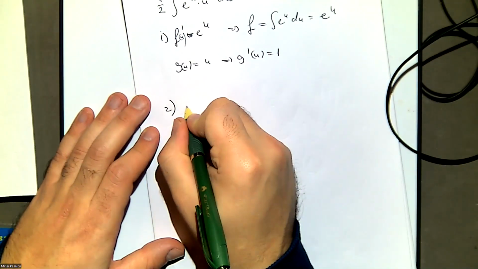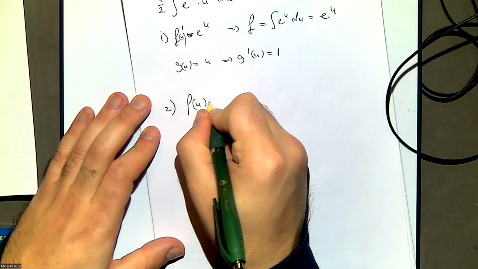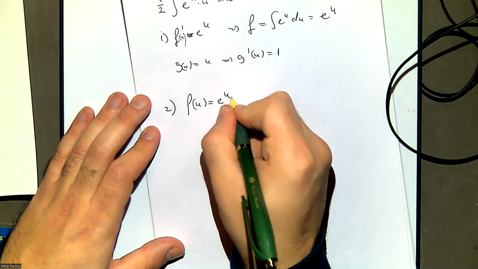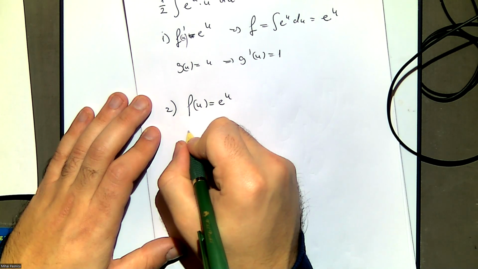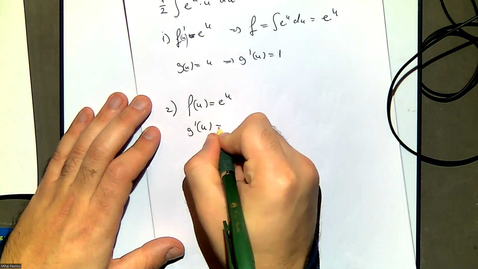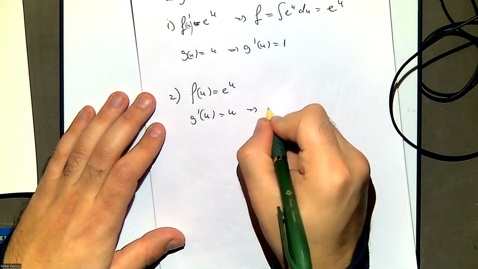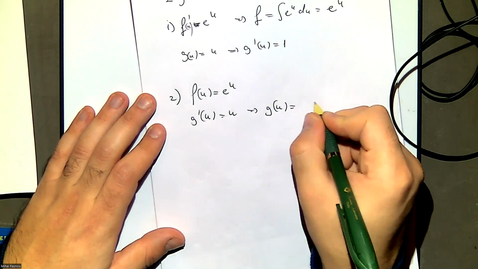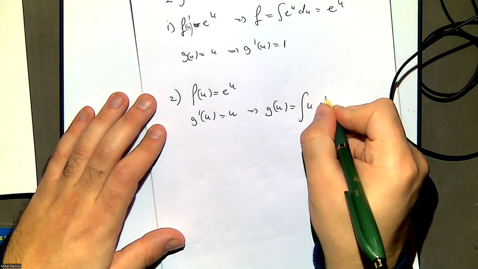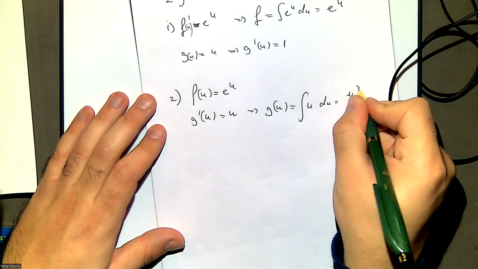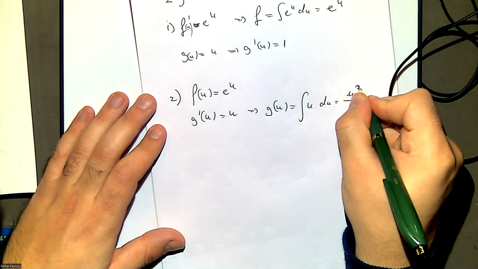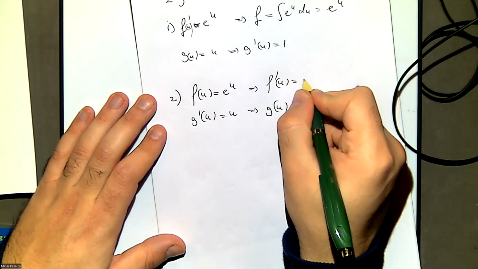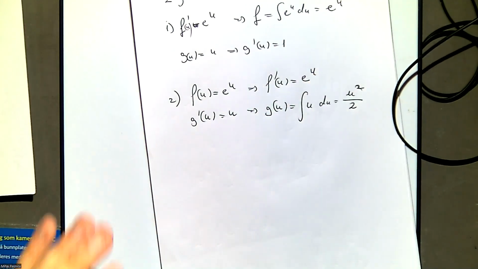And then the second case is when I take f of u equal to e to the power of u, and then g prime of u is equal to u. So g of u is equal to integral u du, that's u squared over 2.